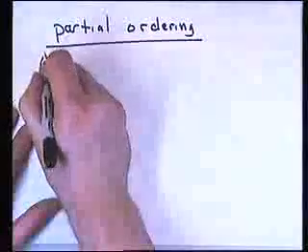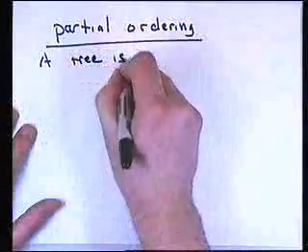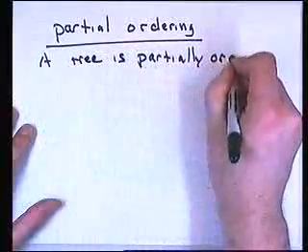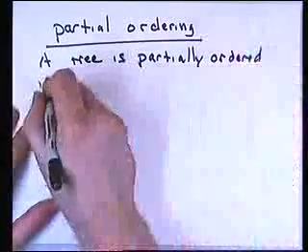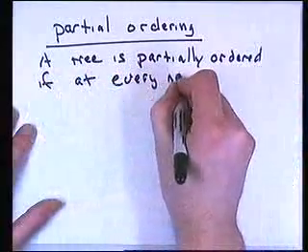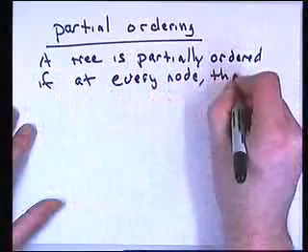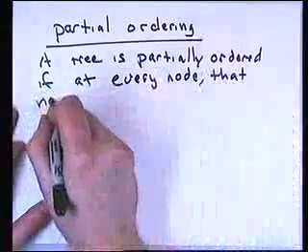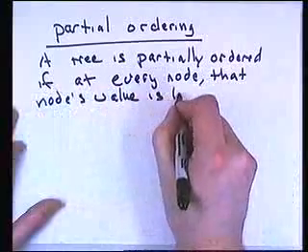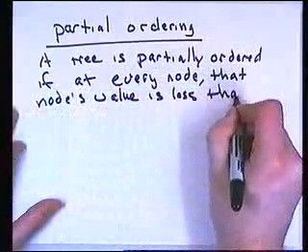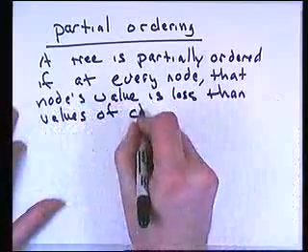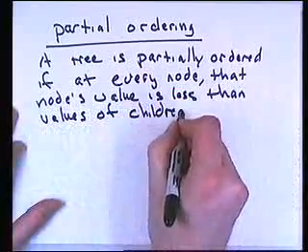And we say a tree is partially ordered if at every node that node's value is less than the values of its children.